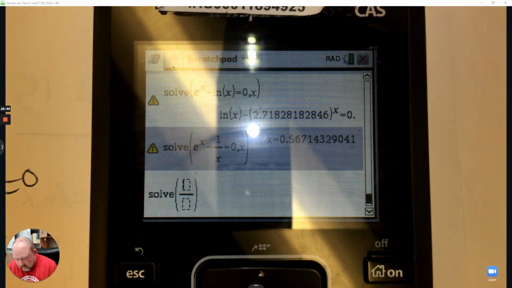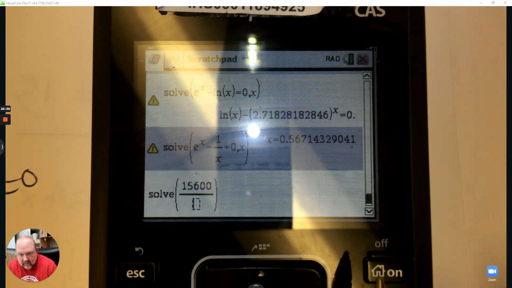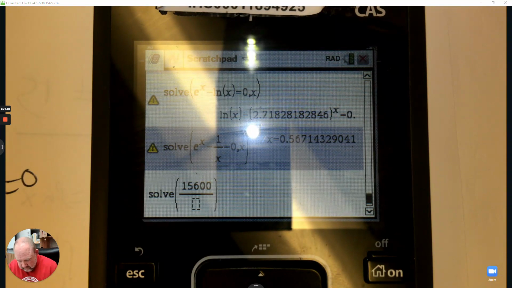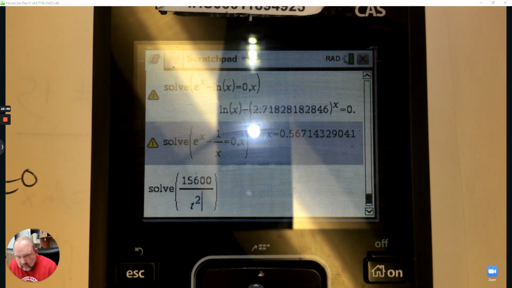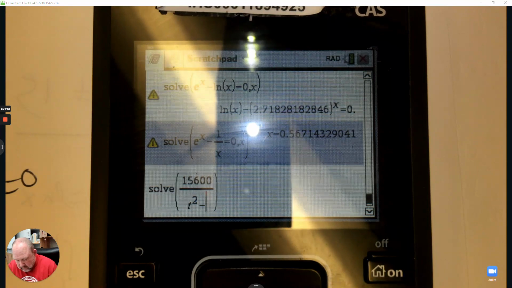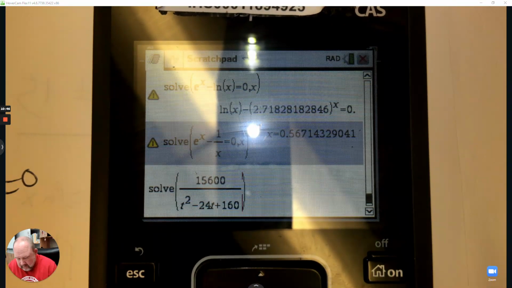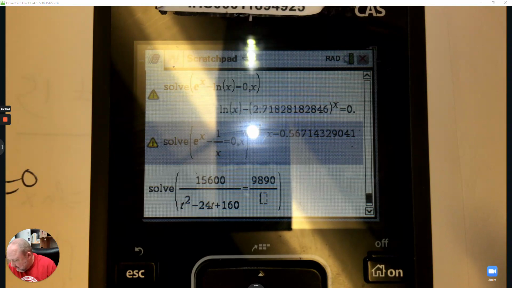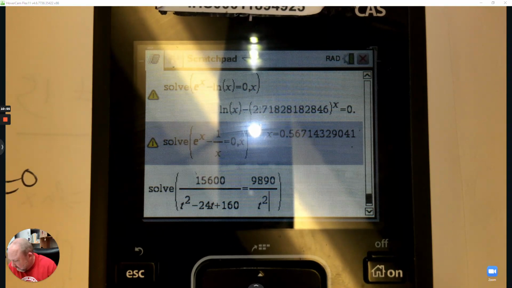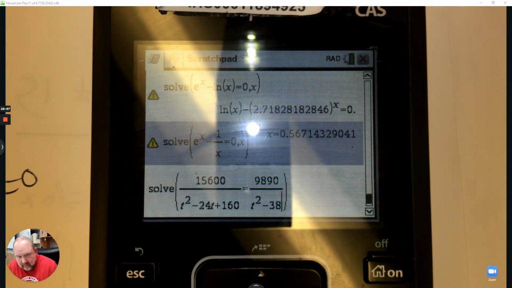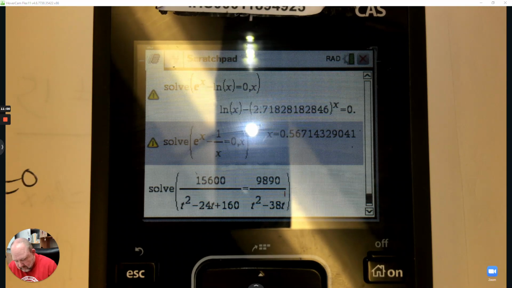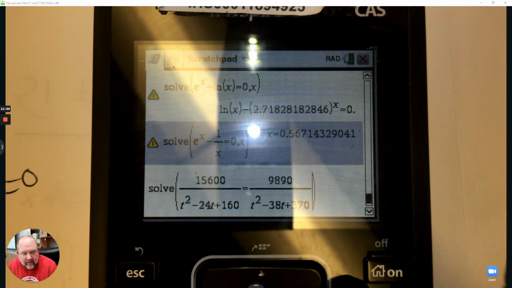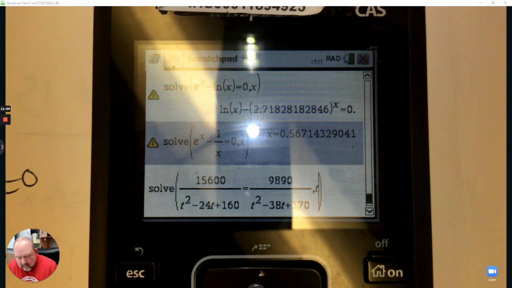The first equation is 15,600 over t squared minus 24t plus 160 equals another fraction, leaving 9890 over t squared minus 38t plus 370, and then comma t, and then answer it.